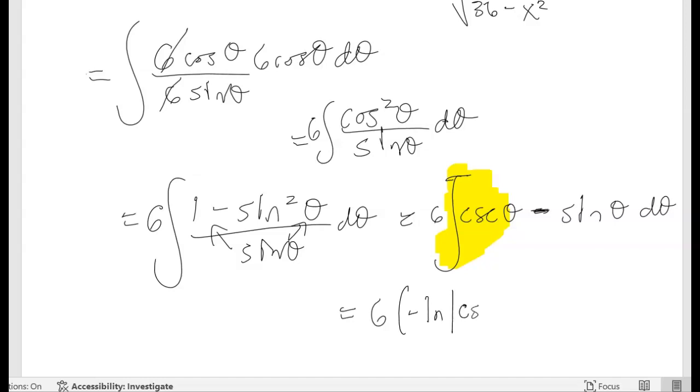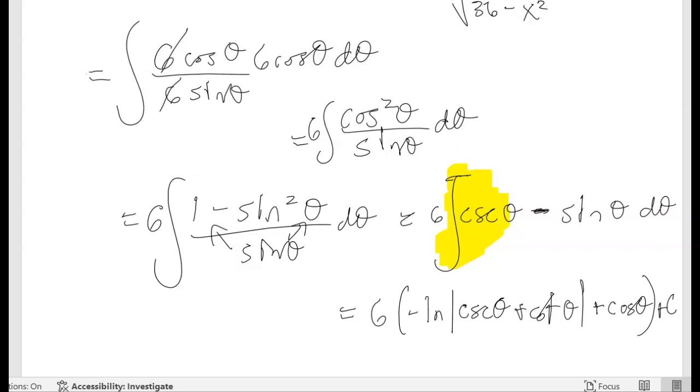I think it's cosecant plus cotangent. Okay, and then of course the antiderivative of sine, we do know that one. Well, that's the cosine. And we have to decide, is it plus or minus there? The derivative of the cosine is negative sine, so that should be a plus.